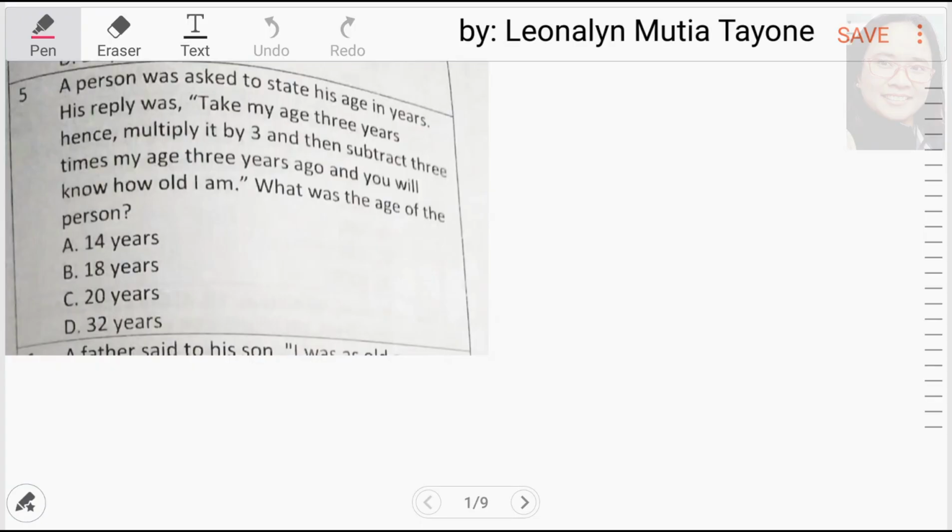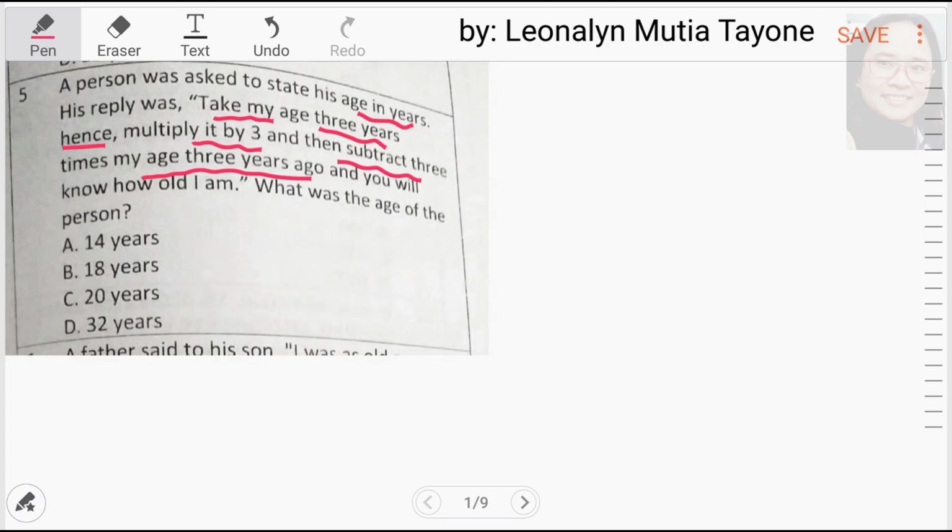First question. A person was asked to state his age in years. His reply was, take my age 3 years hence, multiply it by 3, and then subtract 3 times my age 3 years ago, and you will know how old I am.